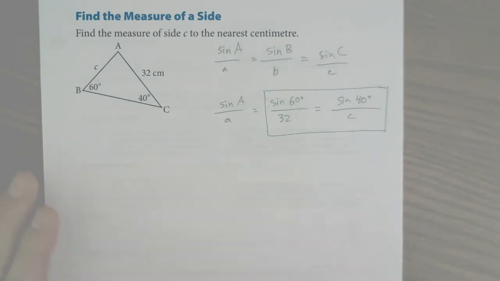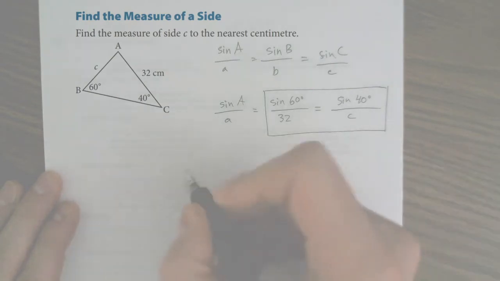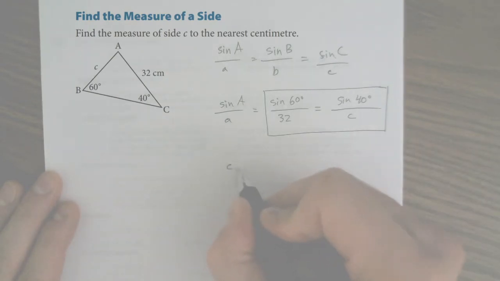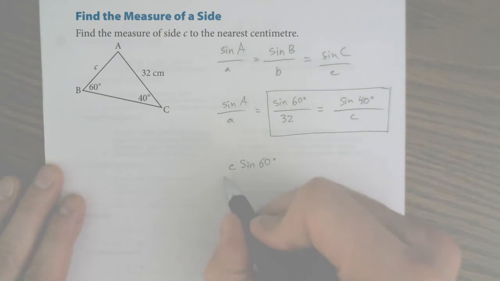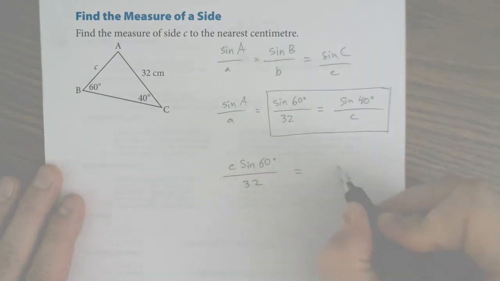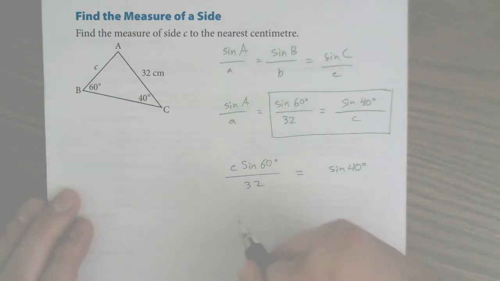So what I'm going to do is multiply both sides by C. And I'm trying to isolate C, so I'm going to multiply both sides by 32.